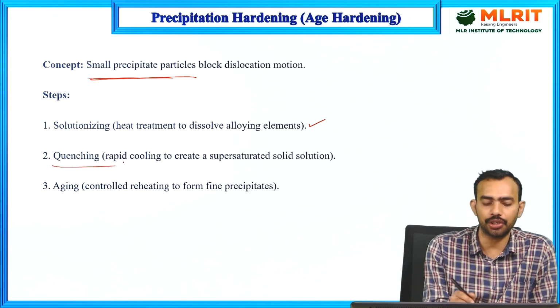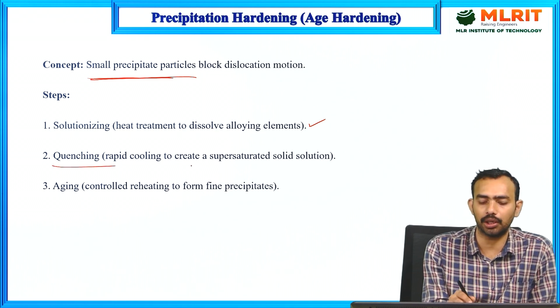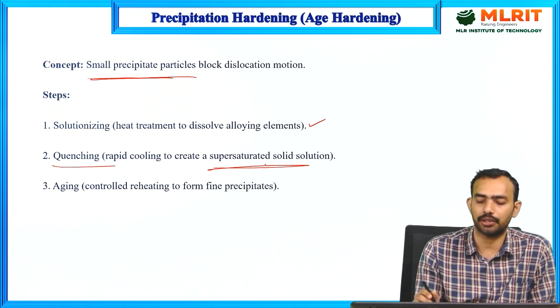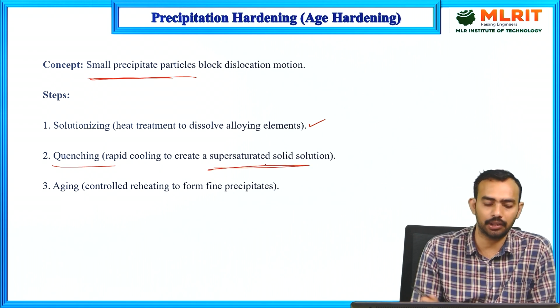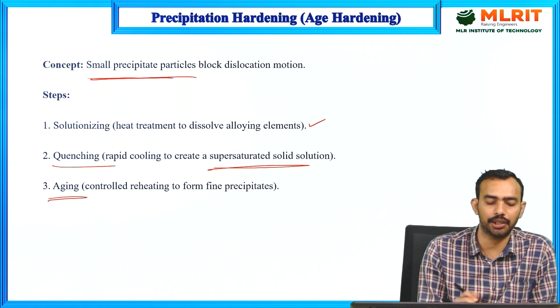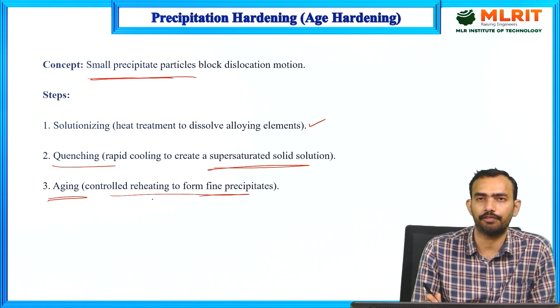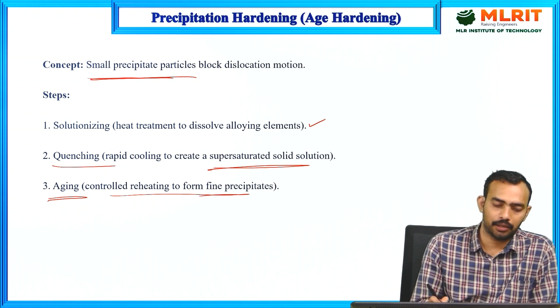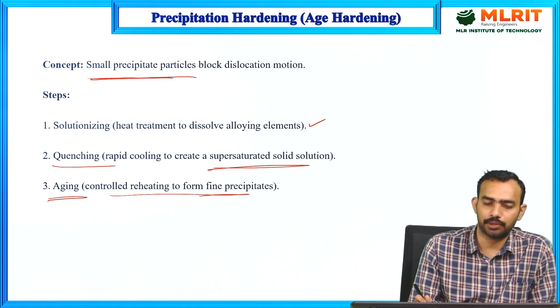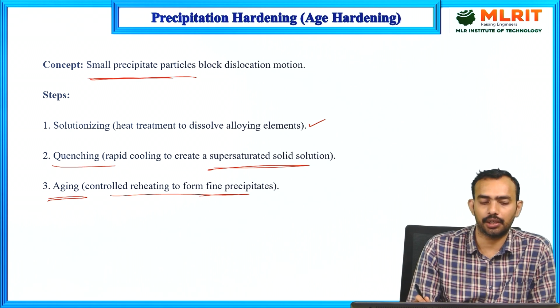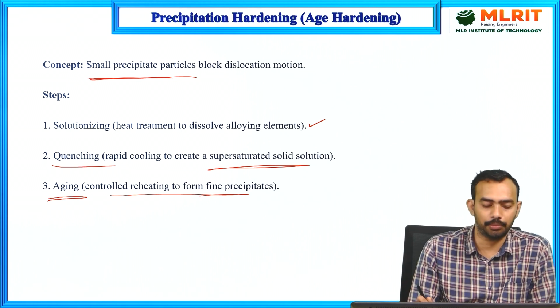Then we quench it, which is rapid cooling of the material to create a supersaturated solid solution. After that, we apply an aging heat treatment, which is a controlled reheating of the material to form fine precipitates. These are the steps that we follow for introducing the precipitates into the material.